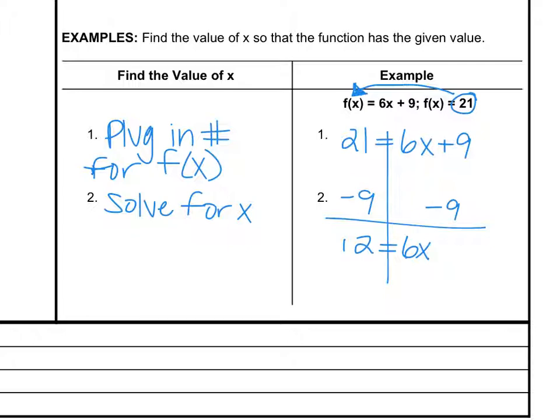How do I get rid of that 6? Divide. You get 2 is equal to x. Please write your final answer in function notation, which says f of 2 equals 21. When you input a 2, you output a 21.